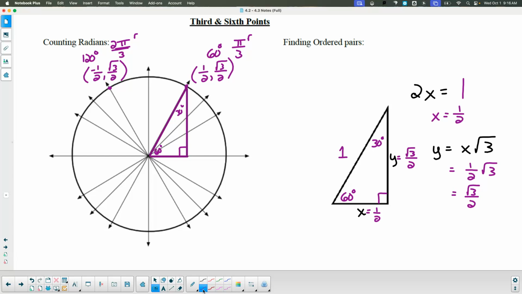Double reflection puts me down to here. That would be negative 1/2, comma, negative square root of 3 over 2. 60 degrees more puts me at 180 degrees. 60 degrees more puts me at 240 degrees, or 4 pi over 3 radians.